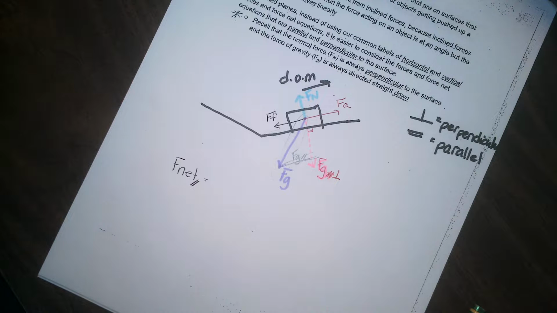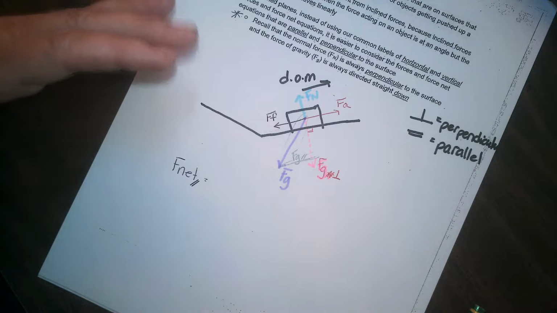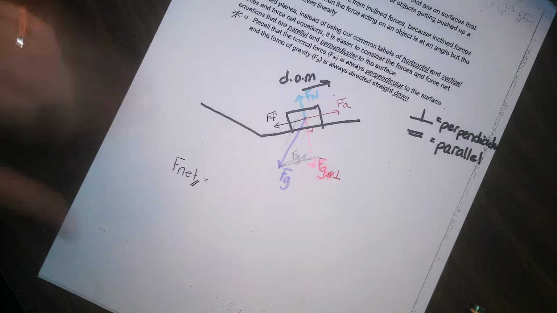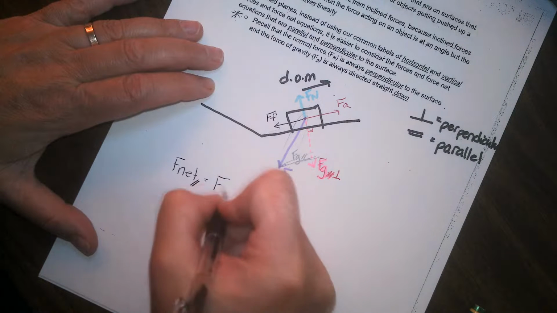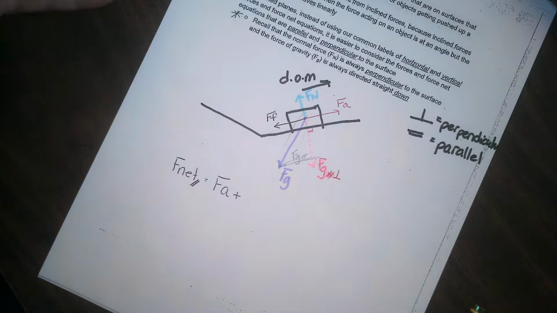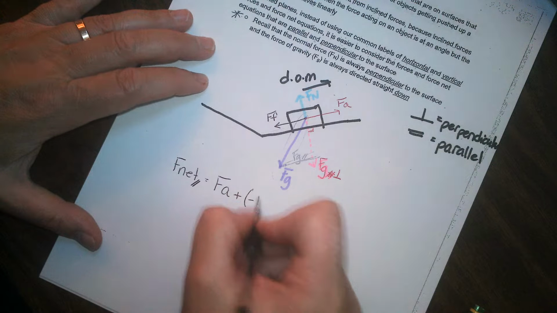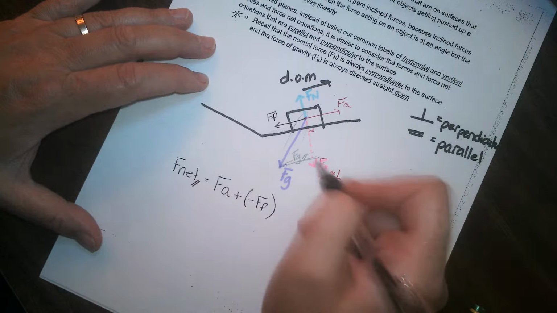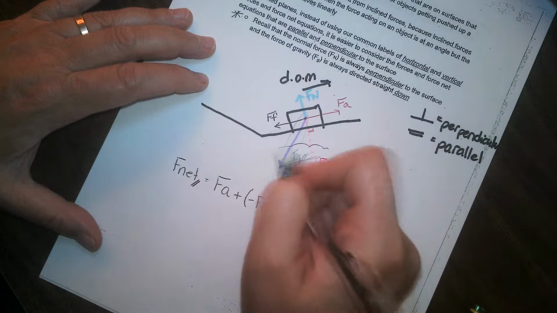What's the force that's going in the same direction as the direction of motion? Force applied. What's the opposing force of force applied? Right. So plus negative force of friction. And now we need to look at these pieces down here.